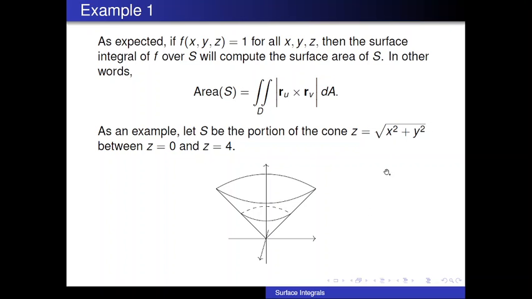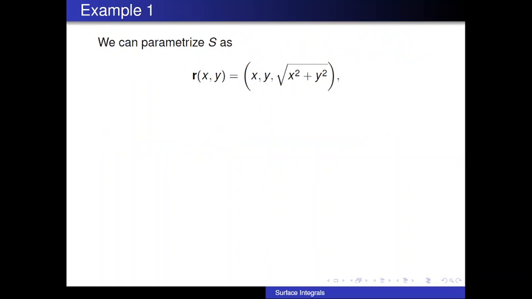Since we have the graph of a function, we can use the trick that we learned, the general example from the last video, where we can parameterize this surface using the coordinates x and y. So we'll have r of x, y equals x in the first component, y in the second component, and then z will equal exactly that function of x and y, the square root of x squared plus y squared.